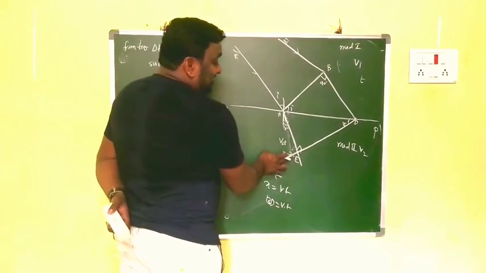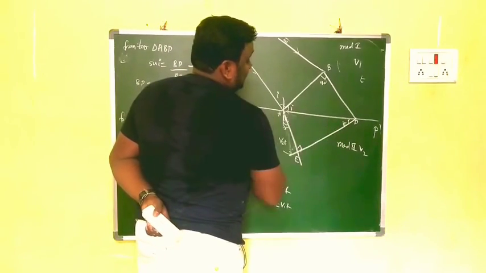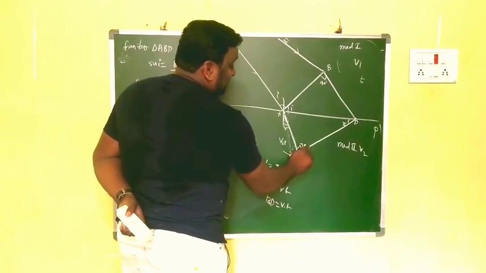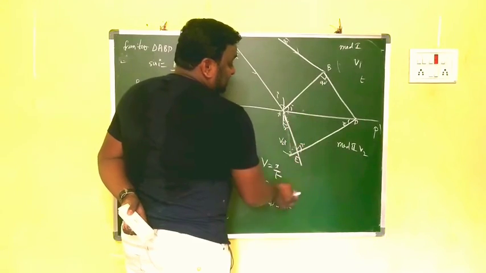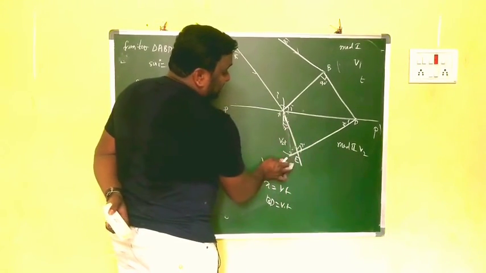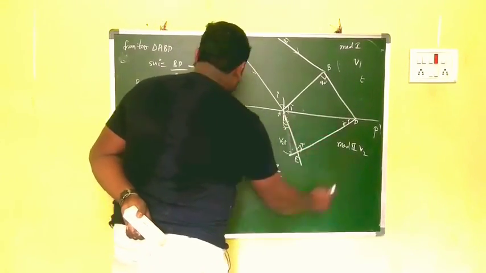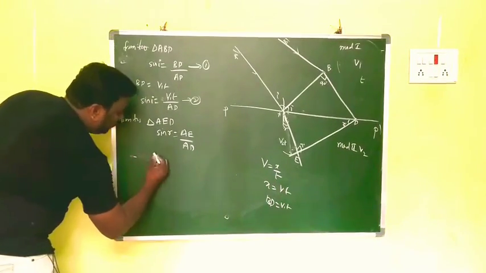So this is the distance traveled here and this is AD. Here also it is 90 degrees. Then it is the hypotenuse, and this is the angle and this is the side opposite. AE by AD.